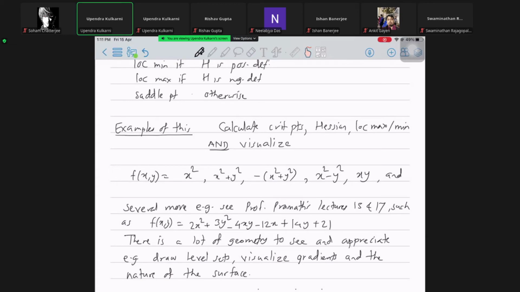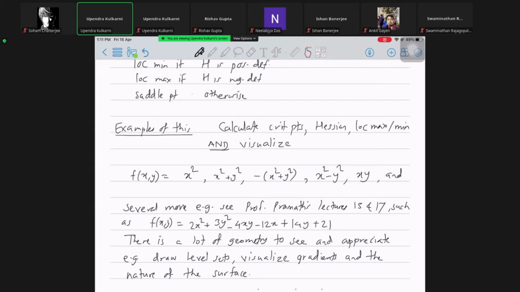Okay, so good. And in fact, you can see in which direction if I travel, I have a maximum, and in which direction if I travel, I have a minimum. You can see this. All right. So just visualize for yourself.